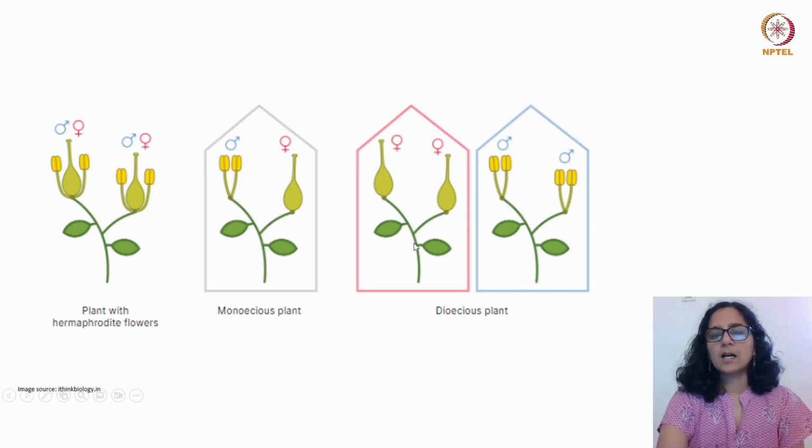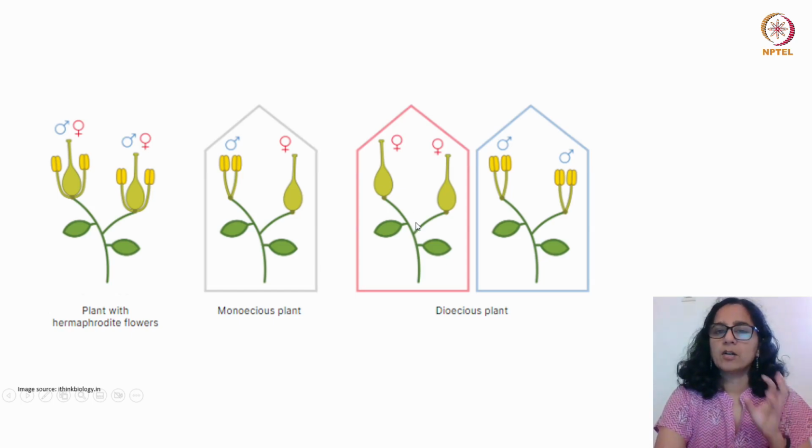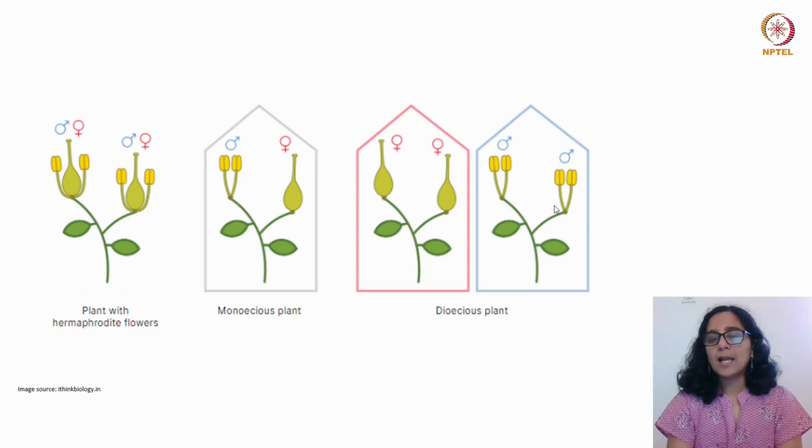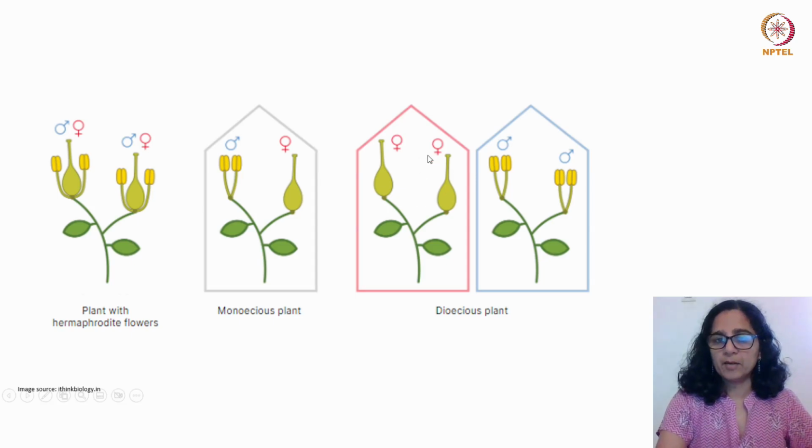Dioecious plants are basically two separate plants. The female flowers are present on one plant, and the male flowers are present on another plant. Dioecious plants help in genetic diversity, where genetic material from one plant has to mix with another plant that has male flowers.